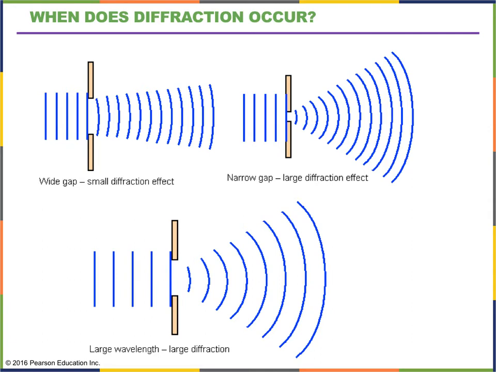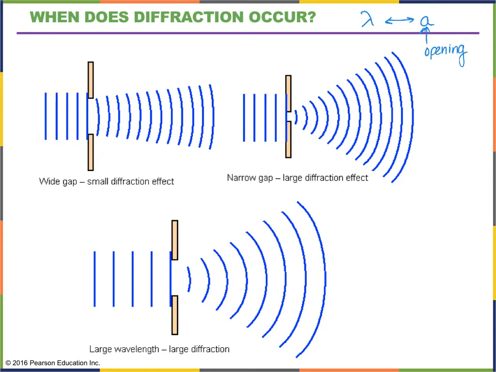Now, something that's important to understand about diffraction is when it is going to occur. It basically has to do with the relationship between the size of the wavelength and the size of the opening. I think this visual is a really nice demonstration of how those two things interplay to produce either a strong diffraction effect or a weak diffraction effect.